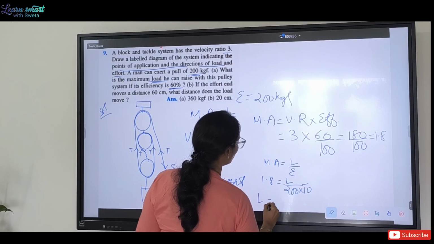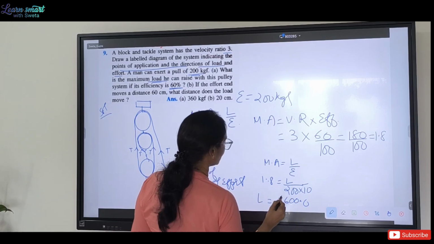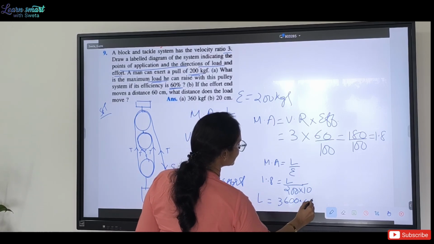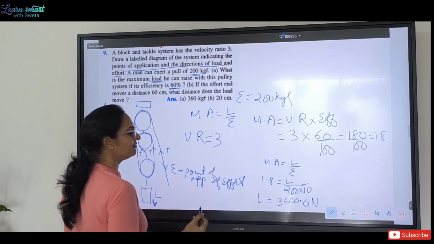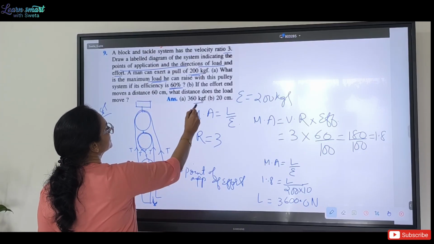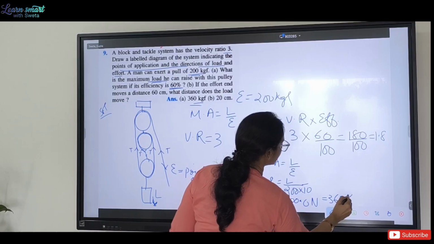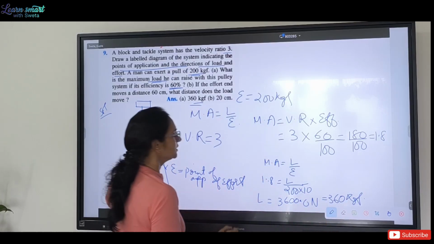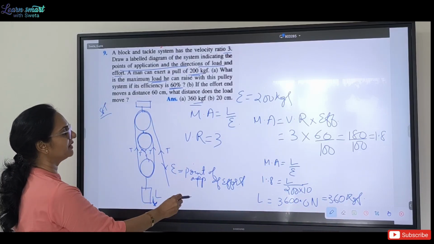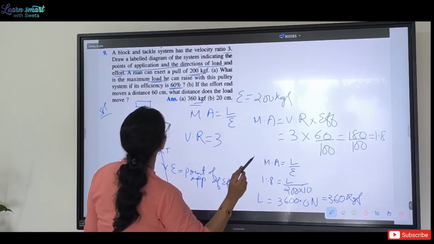So we will get load as 18 into 2 is 36. We will get it as 3600 Newton, or if we write in kgf, it will be 360 kgf. So using the formula mechanical advantage is equal to load upon effort, we can get that.